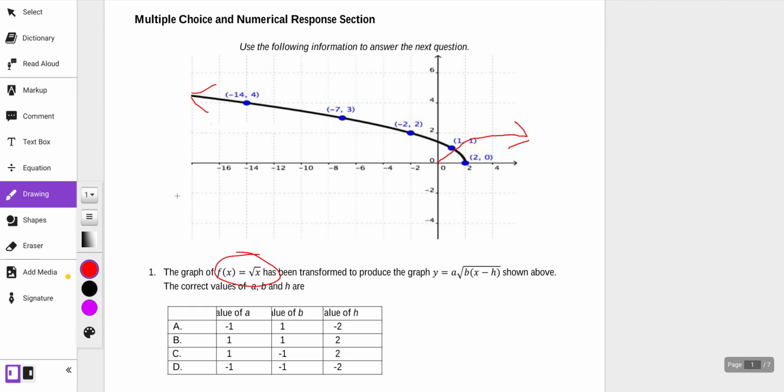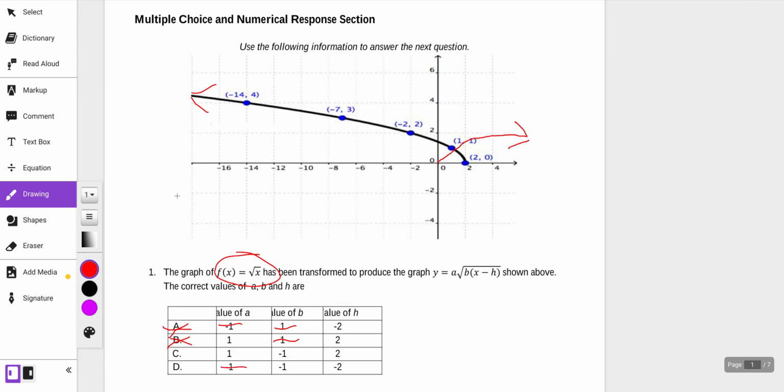Looking at my answers, that gets rid of those two. The next thing I notice is that my A value must be positive because it's still going upwards. It never reflected down into quadrants 3 and 4. It's still going up, so that eliminates any of my negative A values.